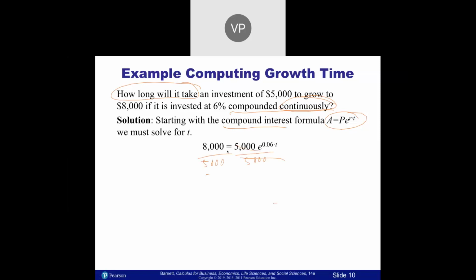I want to get rid of that garbage in front. So I get 8,000 over 5,000. That becomes like a 1.6, and we're left with all of this. Okay? So just so you know how they get this next step, that's what they did. And then they reversed it around. It doesn't matter if you move the e to the left or you leave it on the right like I had. It's going to have the same effect.